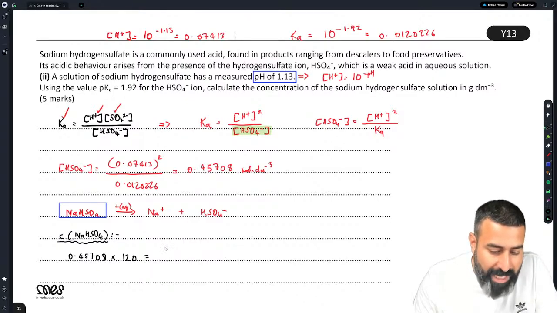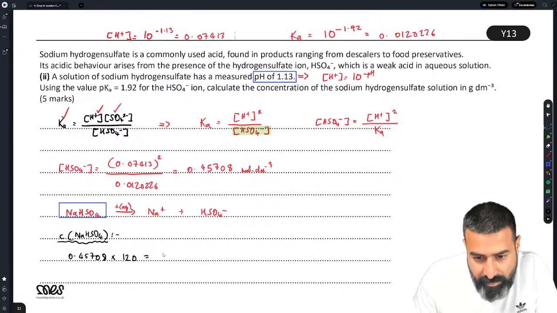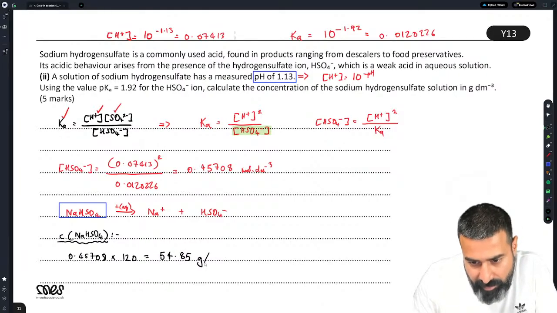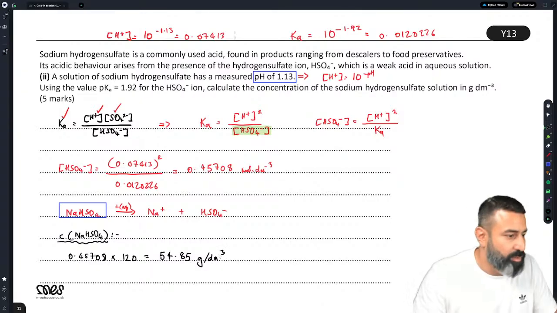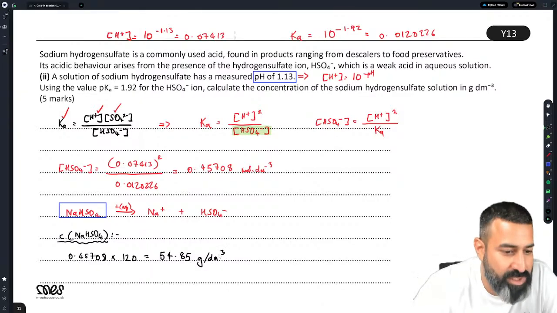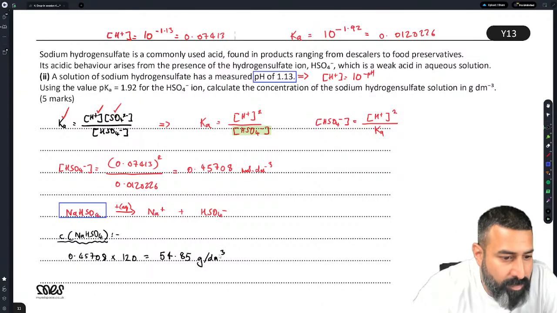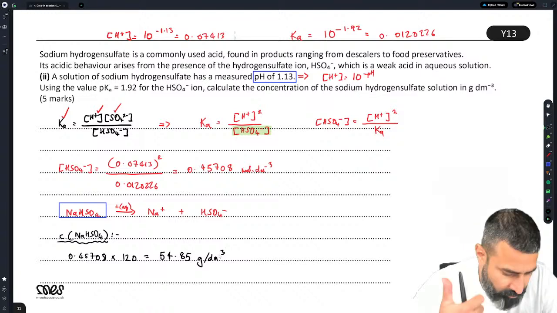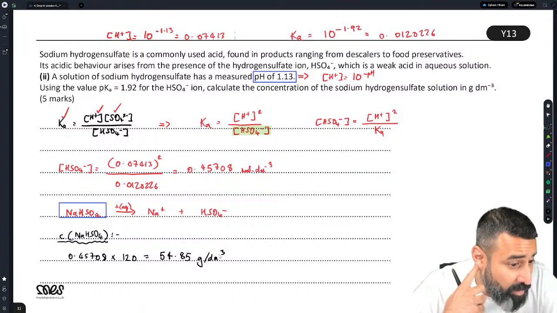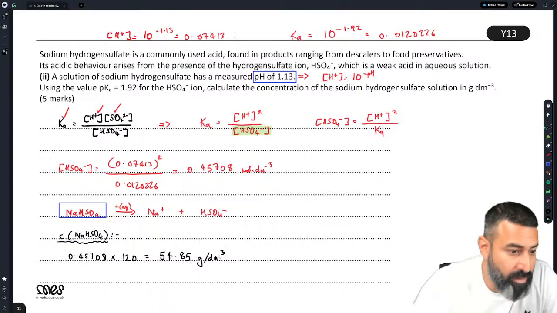There might be some rounding errors, but if we say 45.85 grams per decimeter cubed, there or thereabouts, that's good enough. Cool. Sorted. Right, what do we think? Nice or horrible?